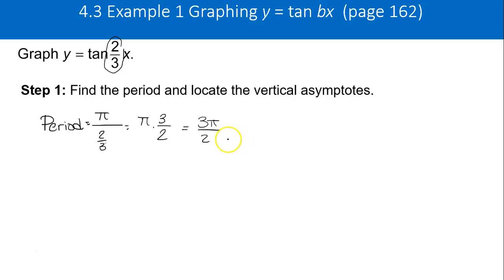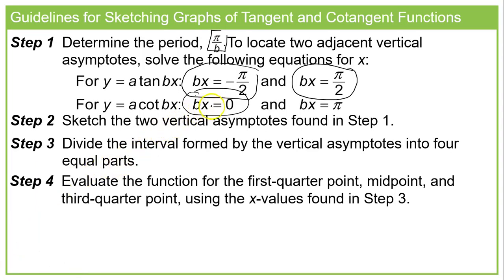And for locating the vertical asymptotes, remember, go back to this right here. These two equations are going to help you in finding your two vertical asymptotes. So bx equals negative pi over 2 and bx equals pi over 2.